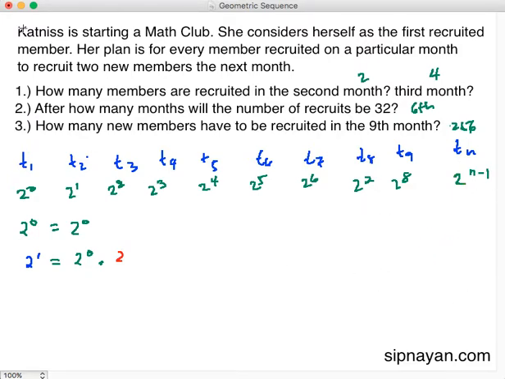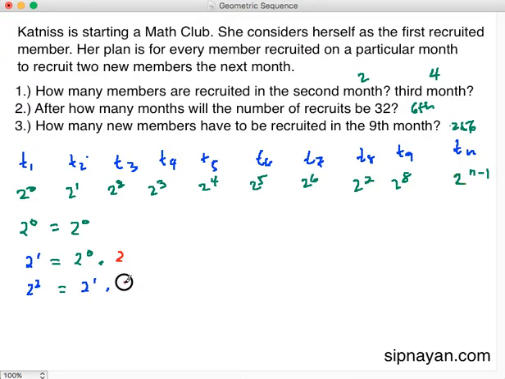Next, paano natin kukunin yung next term, which is 2 squared? Kinukuha natin yan by multiplying 2 to the first power by 2, by the constant ratio again. 2 to the first power times 2.